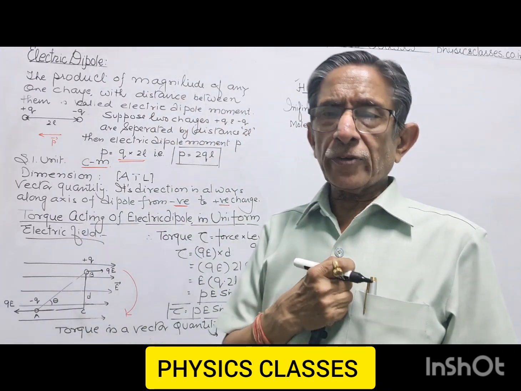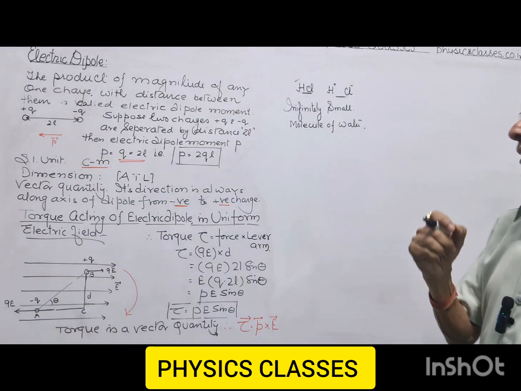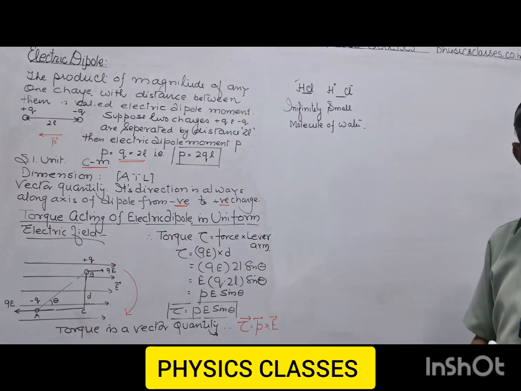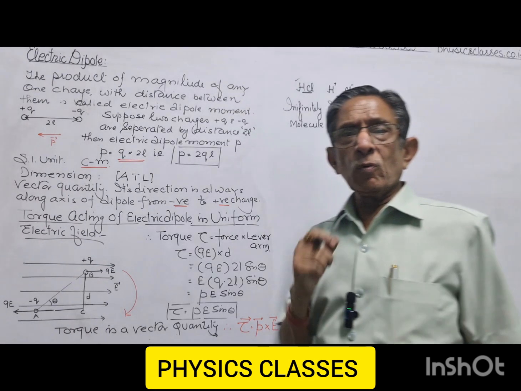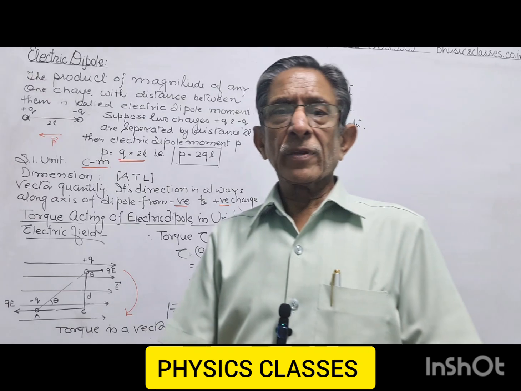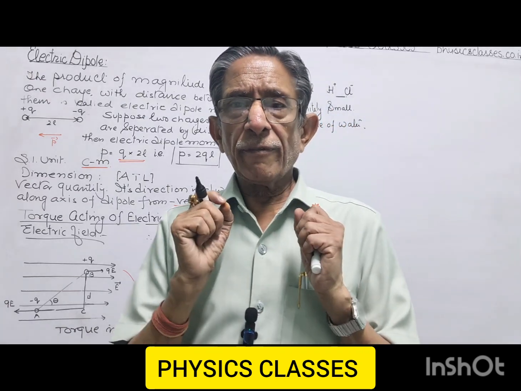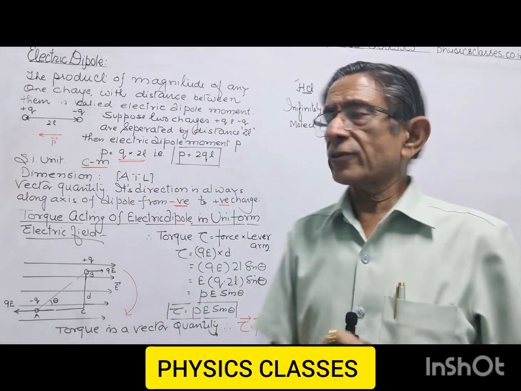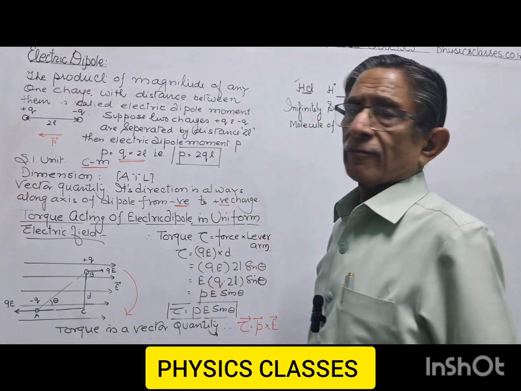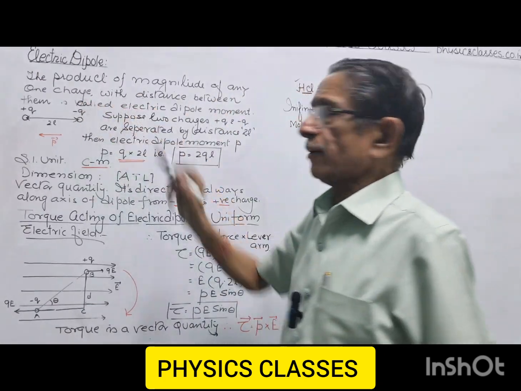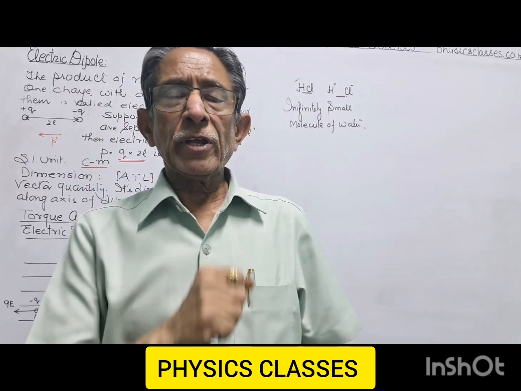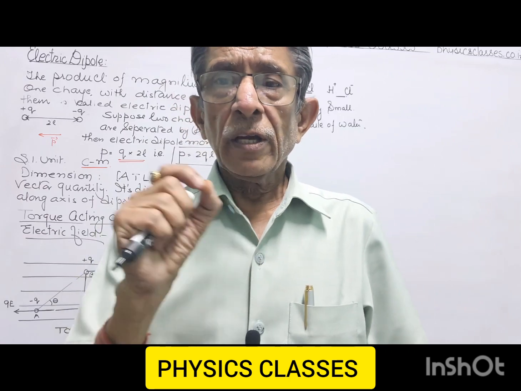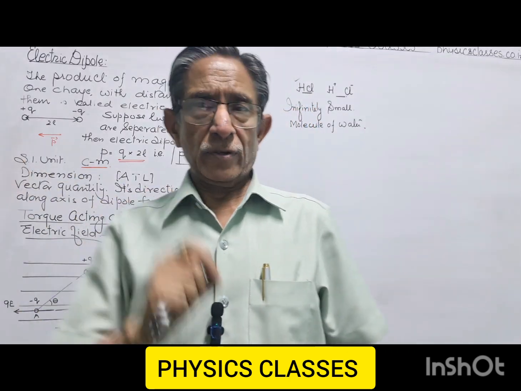Now we come to the term that is called electric dipole moment. What is electric dipole moment? Remember that the product of the magnitude of any one charge with the distance between the two charges is called electric dipole moment.